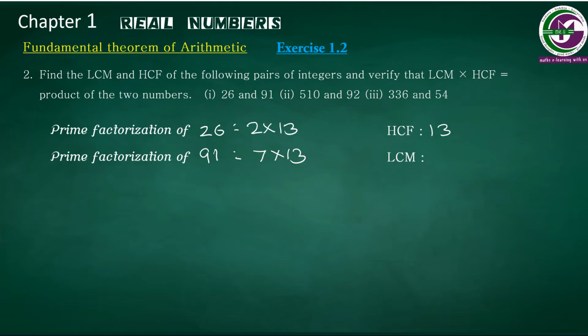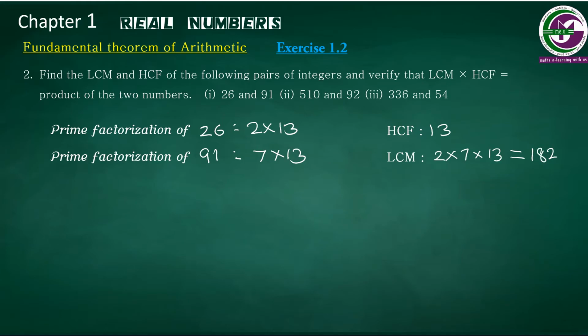If any factors are common, we'll take that factor with the highest power. So here you can see 2 times 7 times 13. 13 is common, so we'll take the highest power. In both cases it is 1, so it is 13 only, and the product is 182. So this is the LCM.